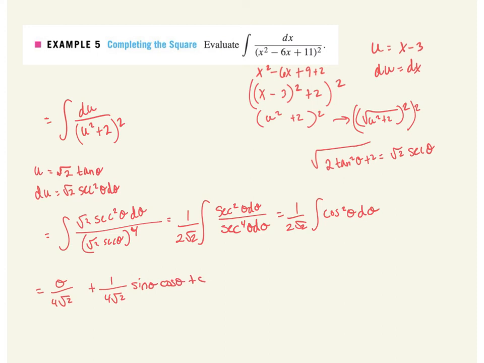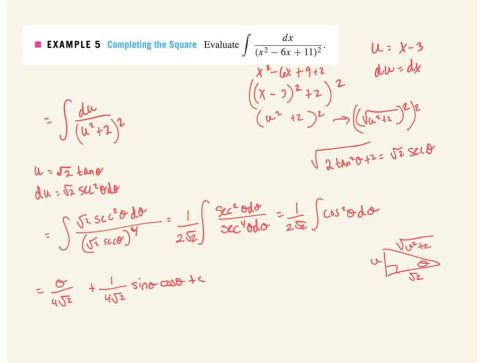plus a c. I need sine and cosine of this theta, so I'm going to draw my triangle. I know that tan is u over root 2. So I have those two relationships. Then this would be the square root of u squared plus 2. So my sine theta, and I also have to go from u to x, right?